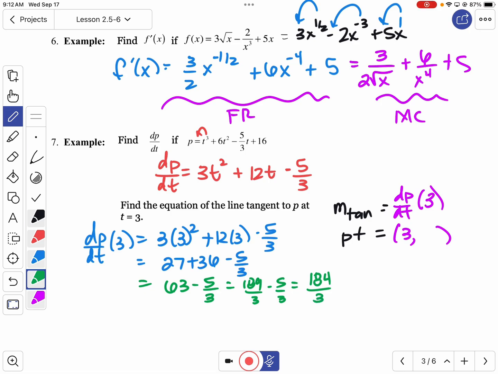I don't even know if that simplifies. No, it won't. Okay, so my slope is 184 over 3.